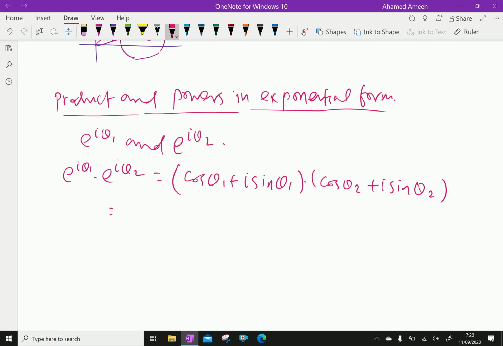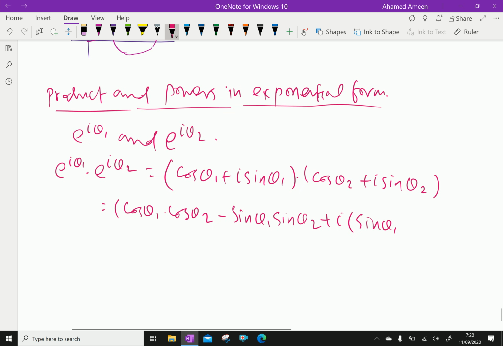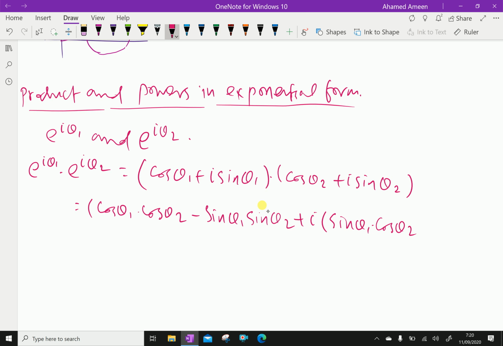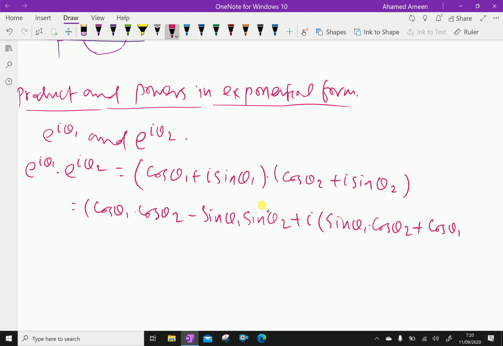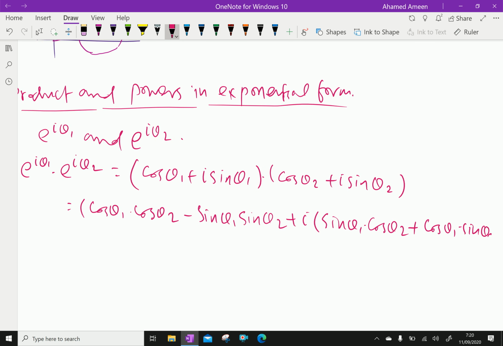Now we can multiply this: cos theta 1 cos theta 2, then minus, i square is minus 1, that is minus sin theta 1 sin theta 2, plus i times sin theta 1 cos theta 2 plus cos theta 1 sin theta 2.